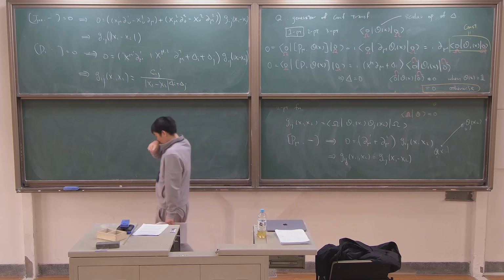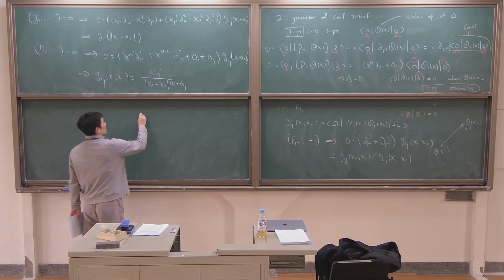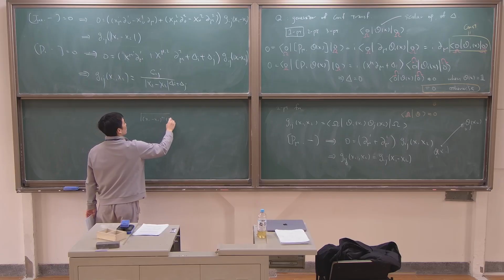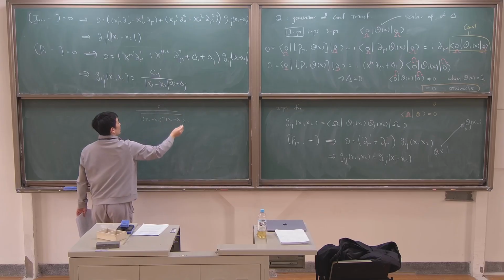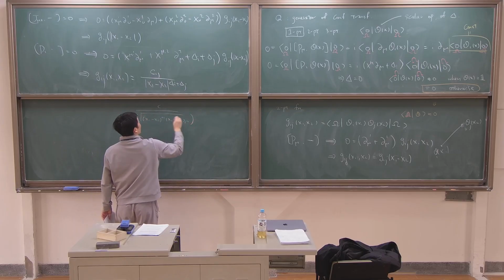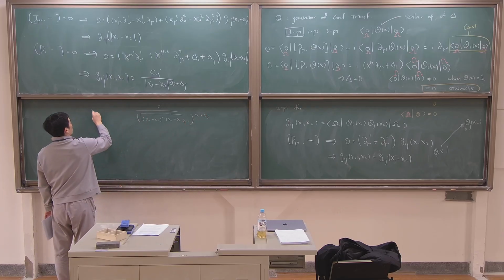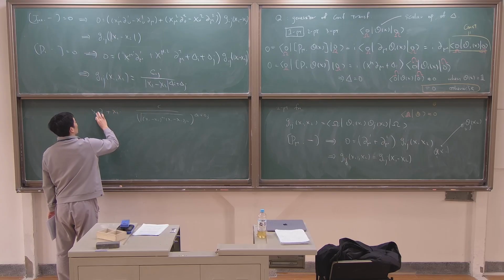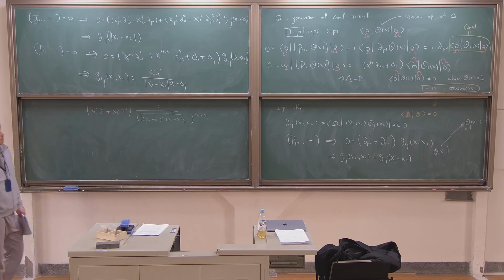Okay, is it okay? This one is just the square root of (x1 minus x2)_mu (x1 minus x2)_mu, and then a constant, and then the power delta_i plus delta_j, and you just act on it with the dilatation operator.